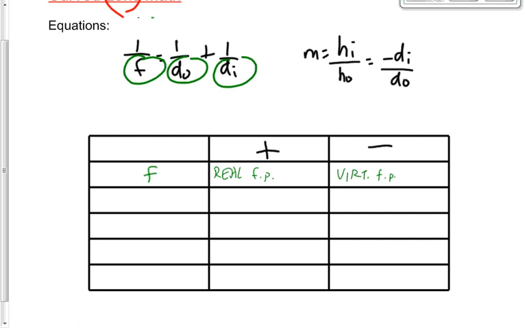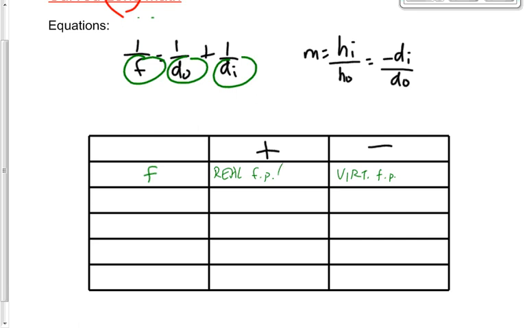What kind of mirror was it that gave me a real focal point? A converging mirror. Well, it's the same thing for lenses. You have a real focal point when you have a converging lens. But for mirrors, a converging mirror was a concave mirror. A converging lens is a convex lens.